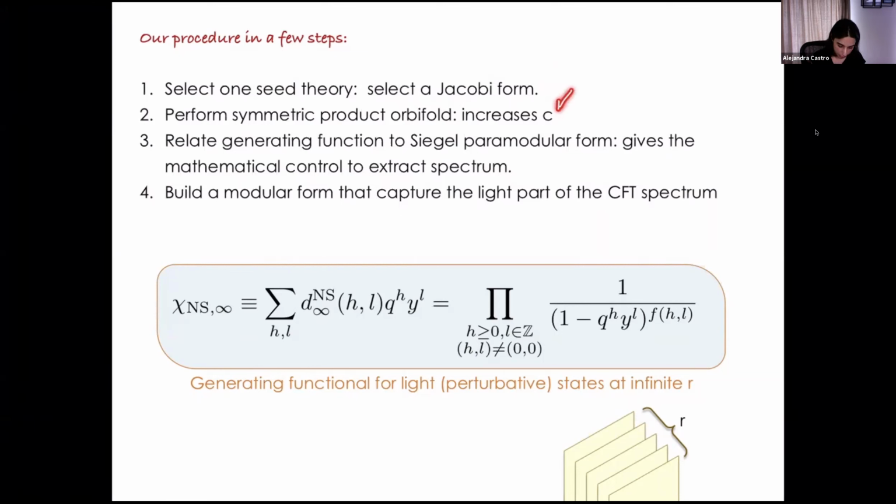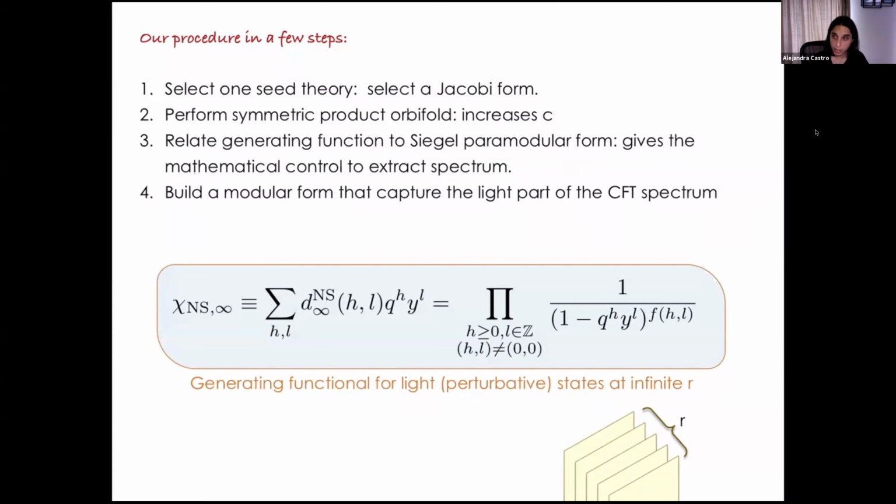Step 2, you do the symmetric product orbifold and increase the central charge. Step 3, where we were inspired by the work of Ashok and his collaborators, is that it was convenient, in order to understand how to extract the spectrum, to relate this to a Siegel paramodular form. It gave us a lot of mathematical control in building and quantifying the spectrum in a useful way.